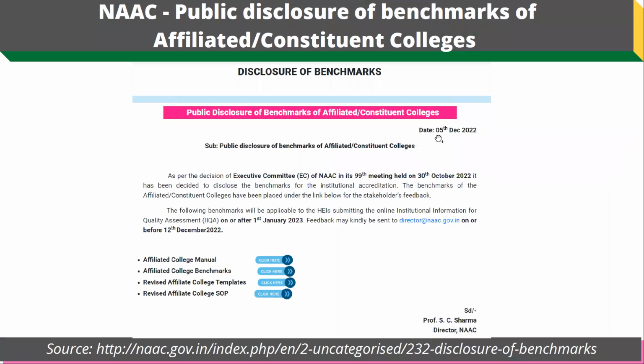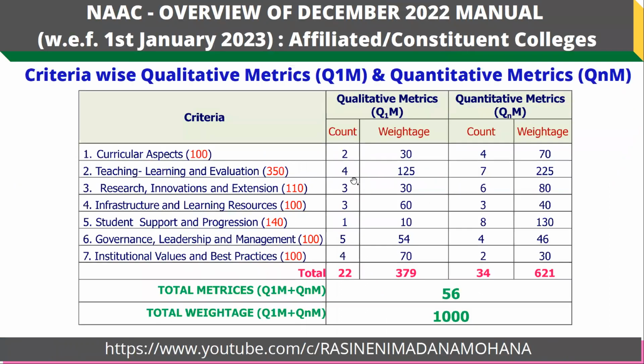This is the disclosure of benchmarks of affiliated and constituent colleges circular released by NAAC on 5th December 2022. This will be applicable from 1st January 2023 onwards, for whoever submitted their IIQA on or after 1st January 2023. Now, this is the overview of all the 7 criteria.